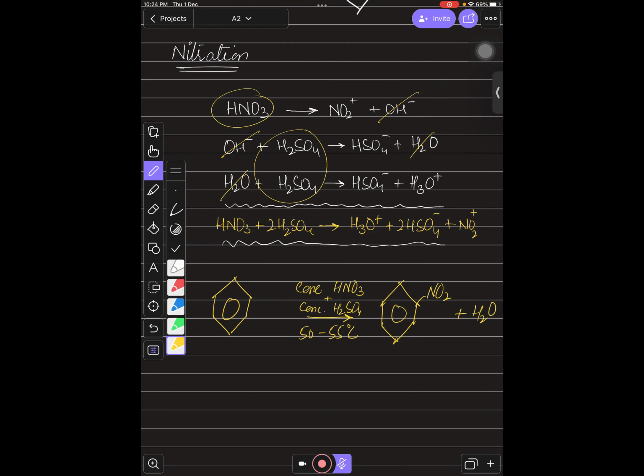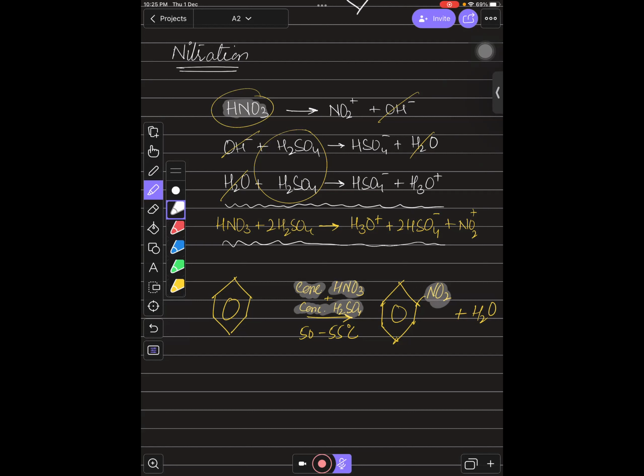So I just want to show you कि ये nitro functional group बना कैसे. This nitro functional group which is going to attach to the benzene ring, ये बना कैसे? इसको बनाने के लिए आपने यूज किया concentrated nitric acid और concentrated sulfuric acid. So initially nitric acid जो है आपके पास as a base काम कर रहा है because it is donating its H positive ion. In fact, it is not a base, it is an acid, but right now we have sulfuric acid and nitric acid both together.